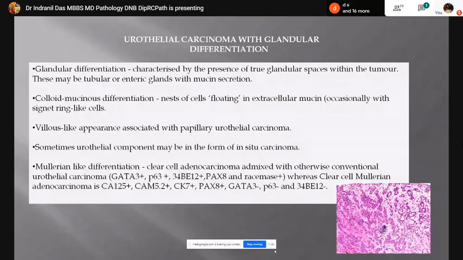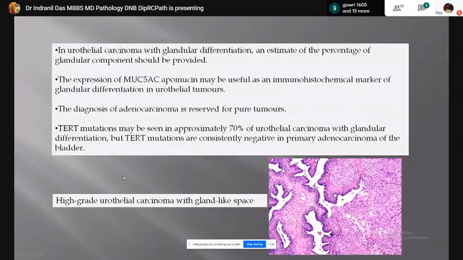This should be differentiated from clear cell Mullerian adenocarcinoma of the urinary bladder, which is GATA3 negative, but in conventional urothelial carcinoma with Mullerian-like differentiation, the GATA3 stain will be positive. In urothelial carcinoma with glandular differentiation, an estimate of the percentage of glandular component should also be provided in the report.